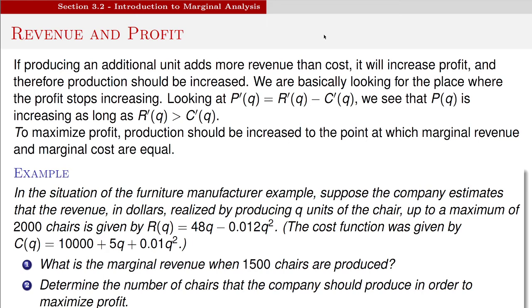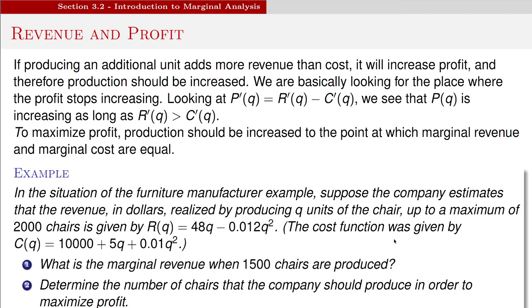All right, so let's look at an example here. Let's say we have a furniture manufacturer, and they say their revenue function is given by R(Q) = 48Q - 0.012Q^2.